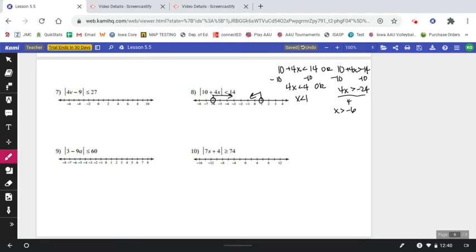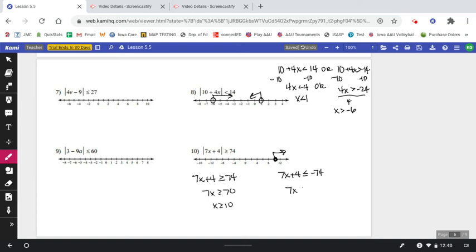Same thing here in number 10. My first equation would be 7x plus 4 is greater than or equal to 74, and 7x plus 4 is less than or equal to negative 74. Subtract 4 from both sides, so 7x is greater than or equal to 70. Divide by 7, so x is greater than or equal to 10.